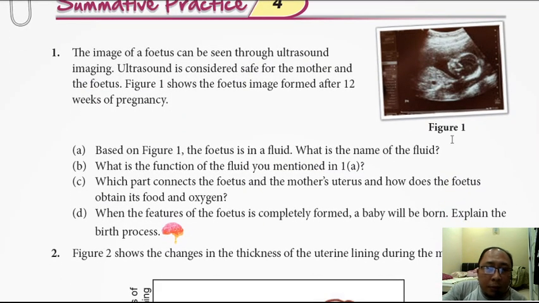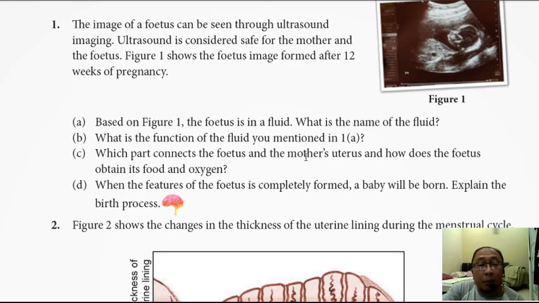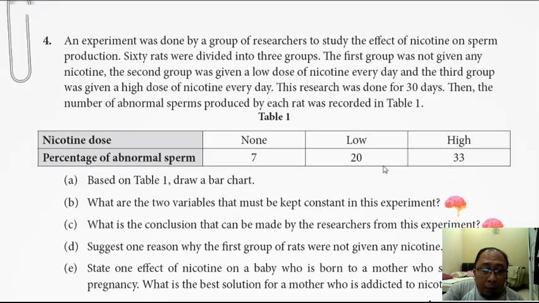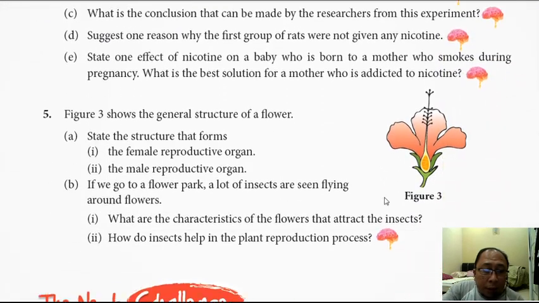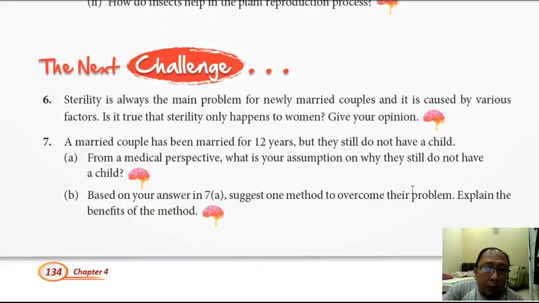This is the homework for you to do. Please do all the questions from question number 1 until question number 7. Sorry, number 7. This is the last question. Question number 1 to question number 7.